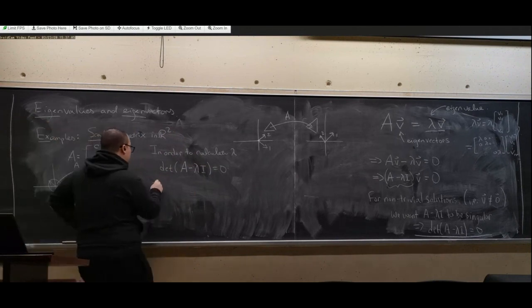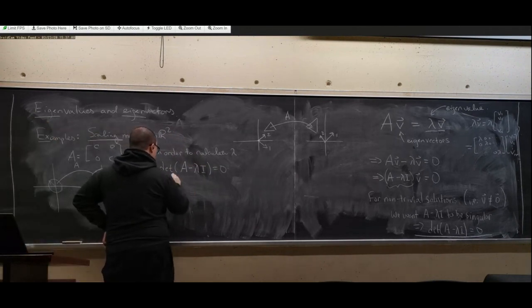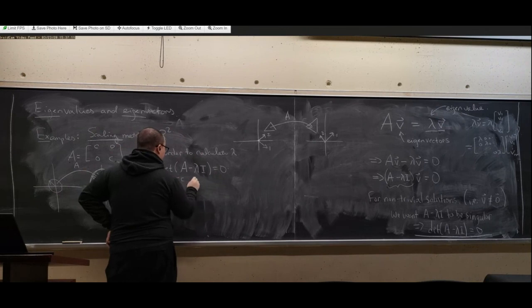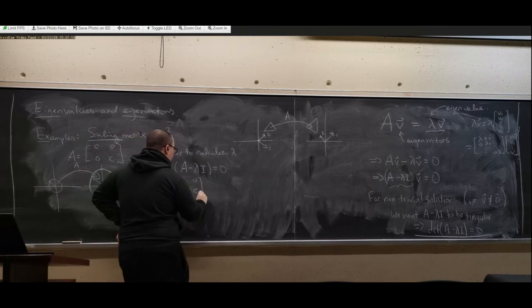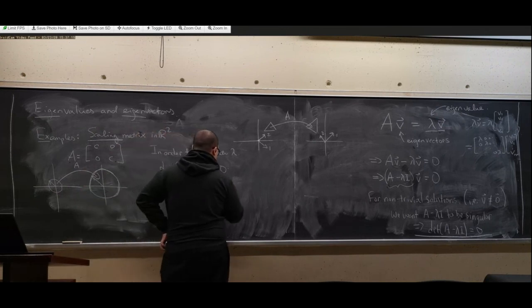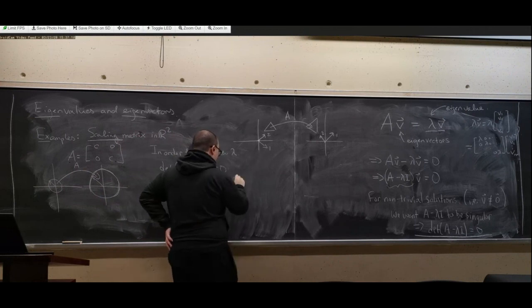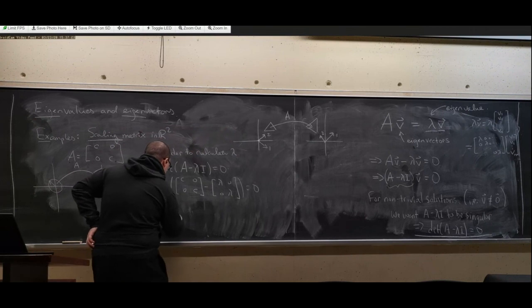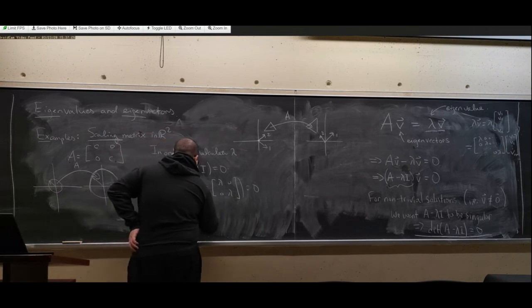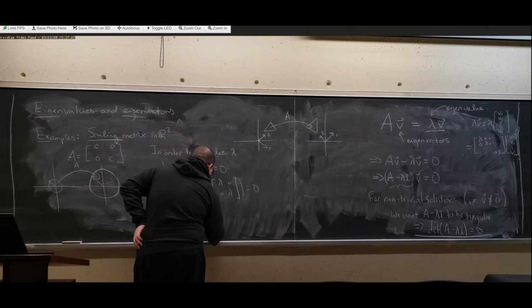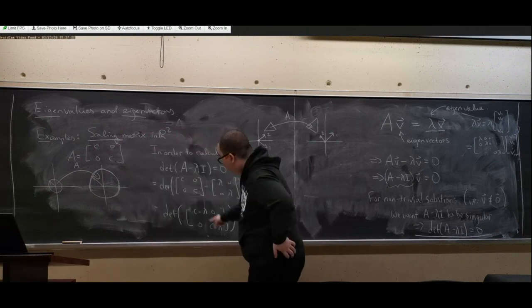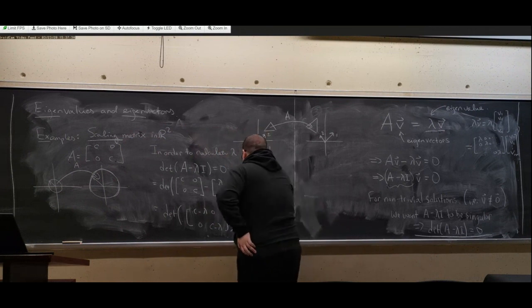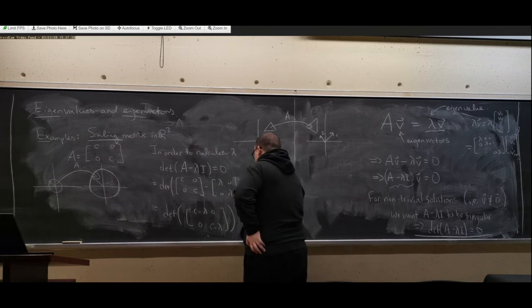So this equals the determinant of C 0, 0, C minus lambda 0, 0, lambda, which equals the determinant of C minus lambda 0, 0, C minus lambda. The determinant of this is just multiplying it across, so this equals C minus lambda squared equals 0.